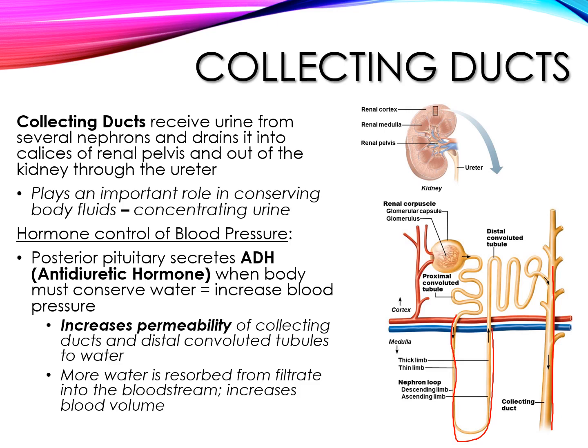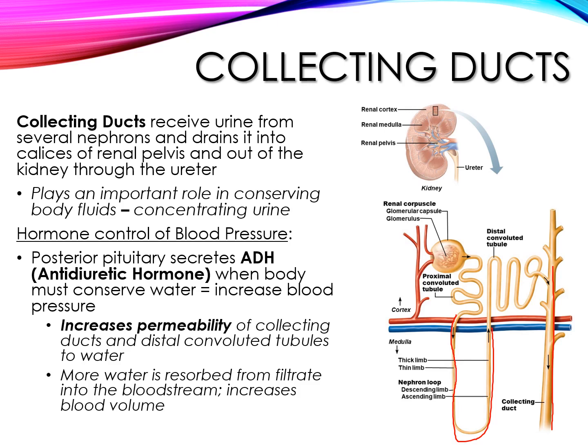Remember when we were talking about the different hormonal controls of blood pressure? This is where that ADH, or antidiuretic hormone, that's produced in the hypothalamus and secreted by the posterior pituitary gland, is going to act.